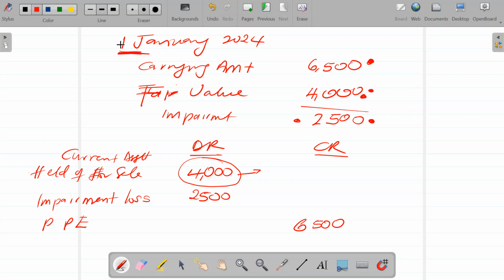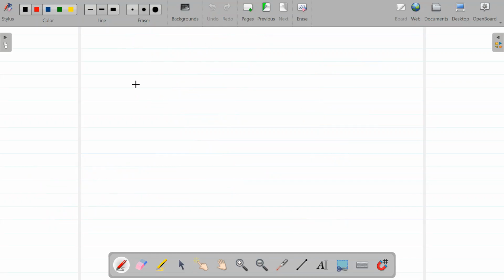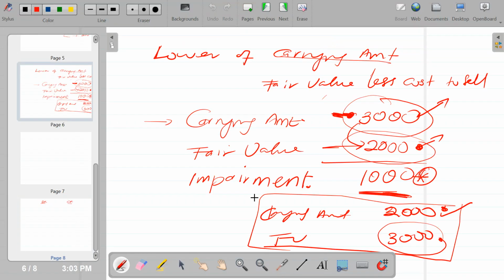Now, let's say we sold the asset maybe in October 2024. But in the course of the period, the fair value has been changing. Prices can change.